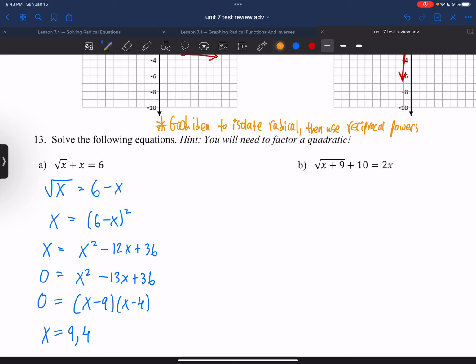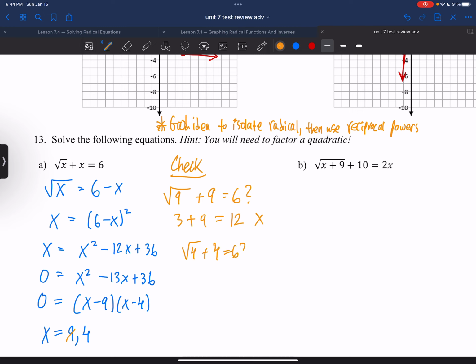So let's check, because you have to check for extraneous. Square root of 9 plus 9 equals 6? Well, that's 3 plus 9, which equals 12. So no, that is not true. So 9 does not work. Let's try 4. Square root of 4 plus 4.